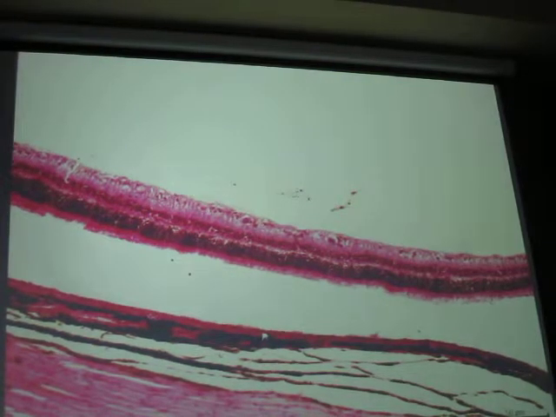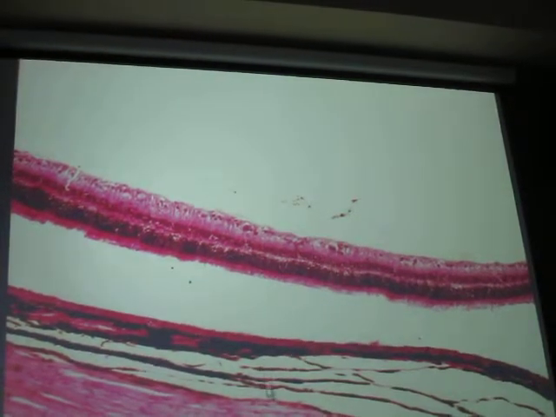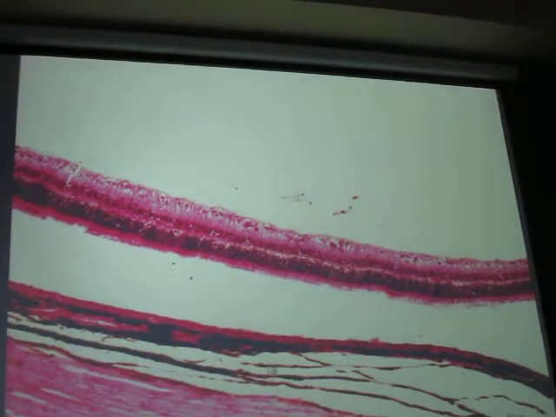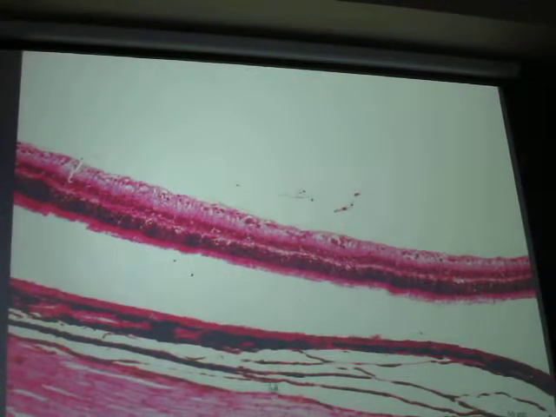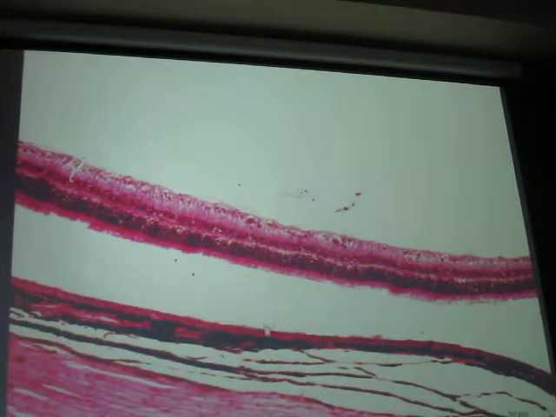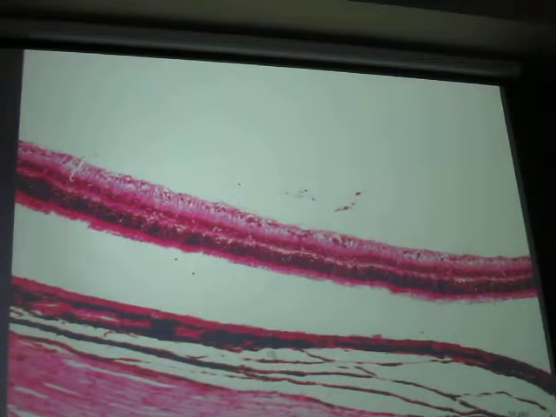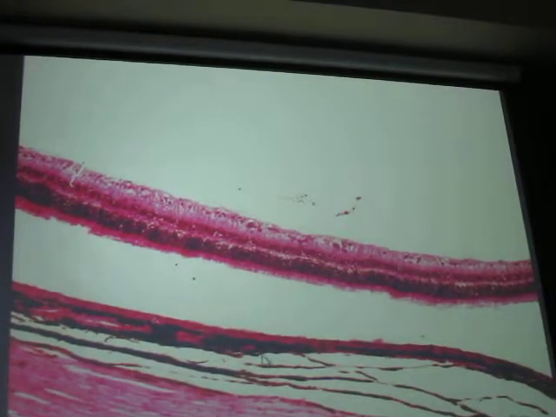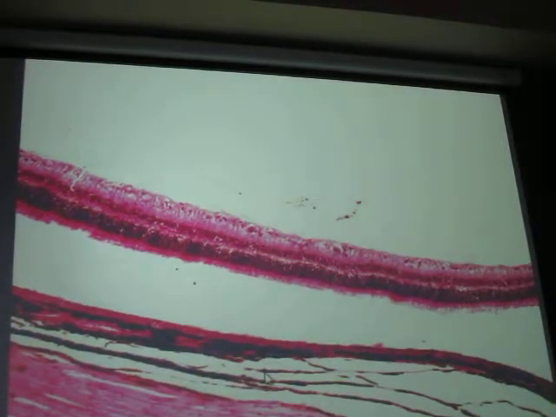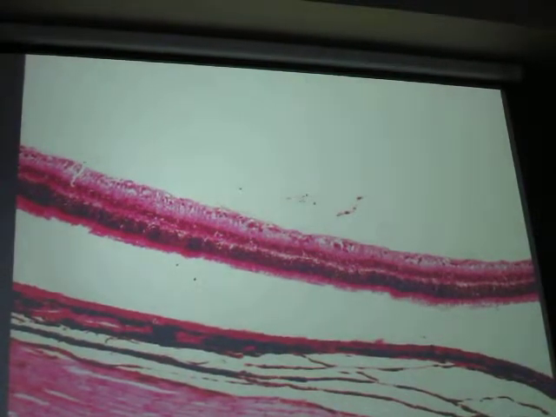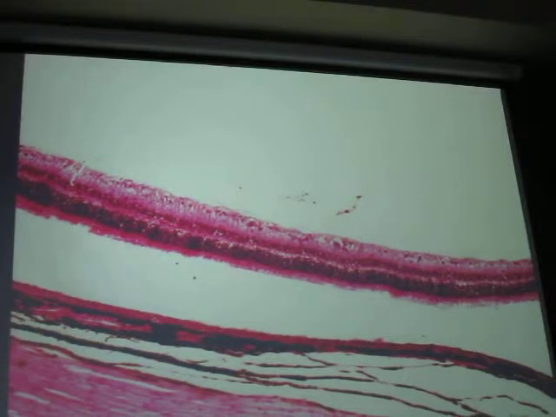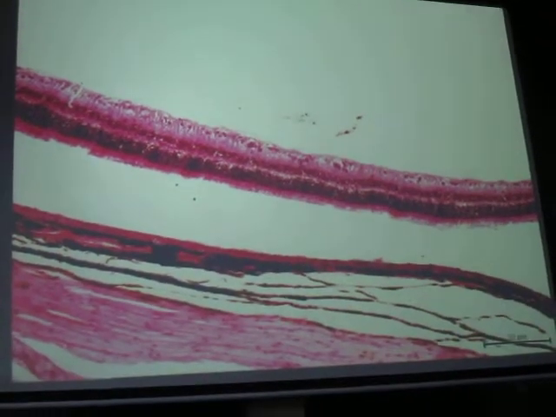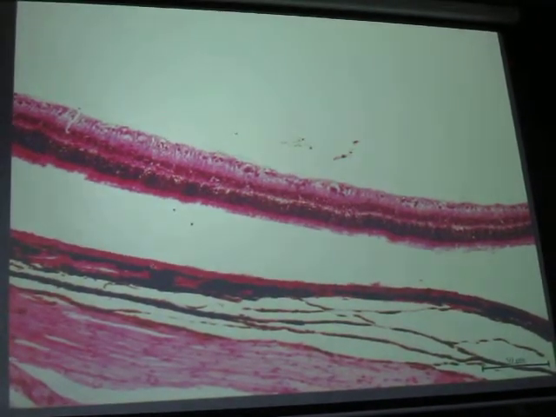And of course, this covering is the vascular tunic, which contains the choroid, the choriocapillaris, and of course, Bruch's membrane.